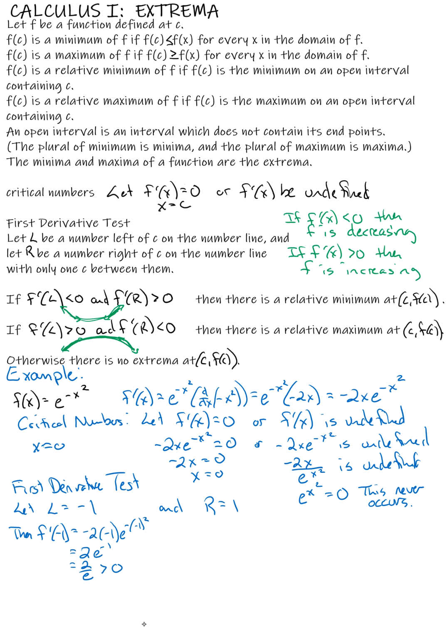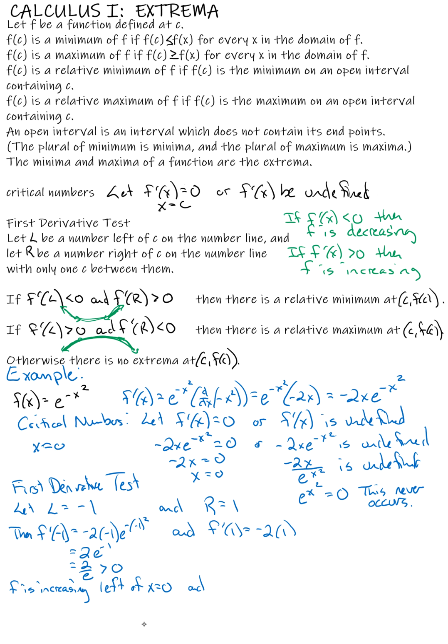All right, so we know that f is increasing, since this first derivative is positive. The first derivative tells us increasing or decreasing: greater than 0, increasing, and that is to the left of x equal to 0. Well, let's also take a look at what happens to the right. Let's take the first derivative at 1, our value to the right. Again, I'm using the first derivative. I haven't gone back to the function f yet.